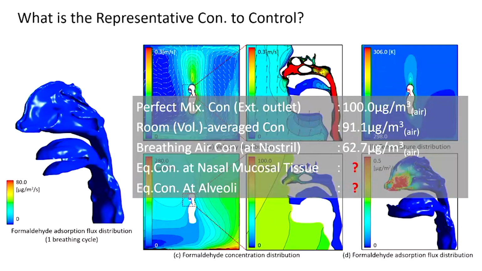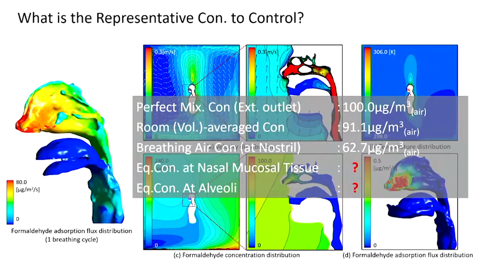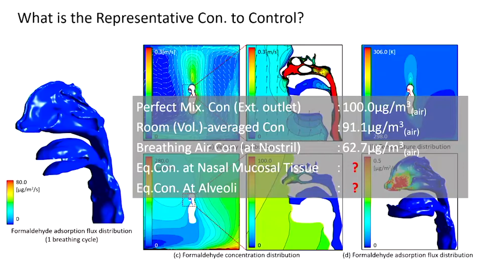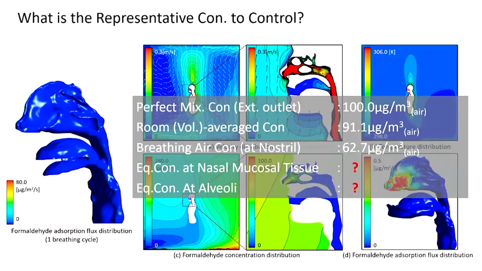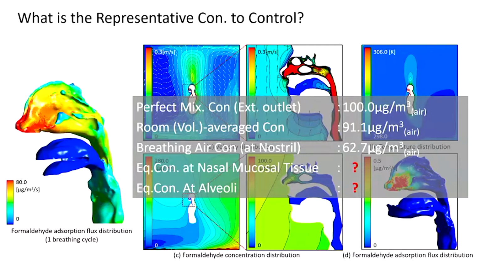This perfect mixing concentration is just calculated by the total amount of emission rate of formaldehyde divided by the ventilation rate. And furthermore, the breathing air concentration at the nostril surface in this human model is estimated to be 62.7 microgram per cubic meter. This is 40% lower compared to the perfect mixing concentration.